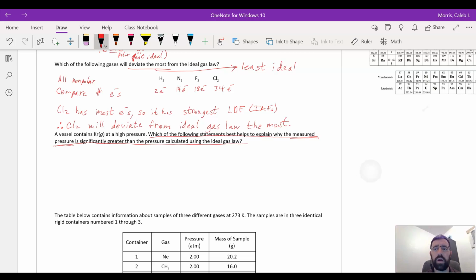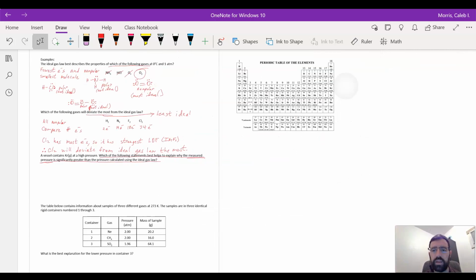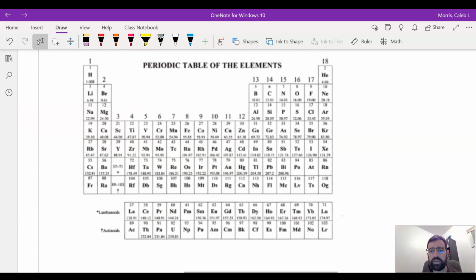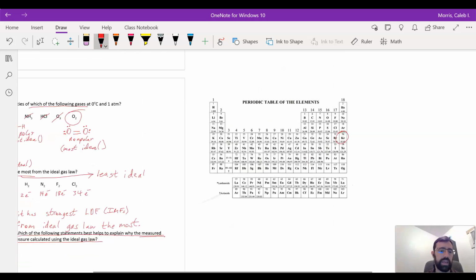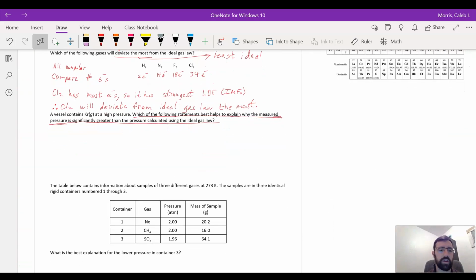Well, let's look at what krypton is. Krypton is right here. It has 36 electrons. It's nonpolar. It's a pretty big atom. So it's a fairly large atom. So Kr has a large electron cloud.